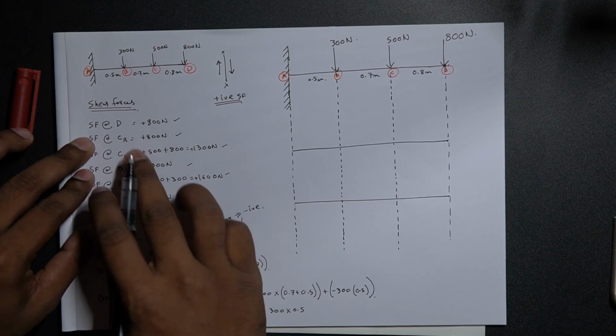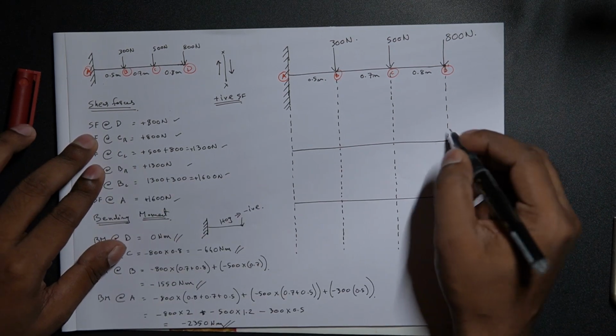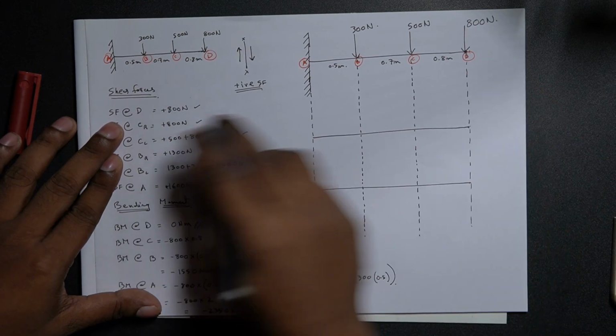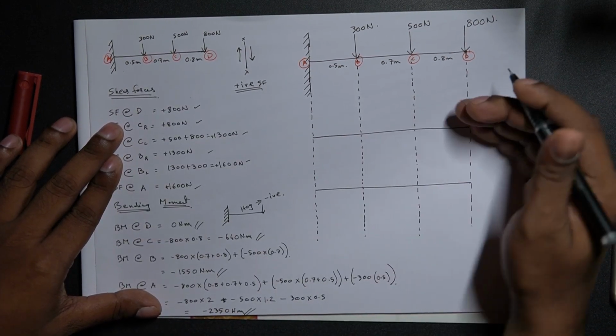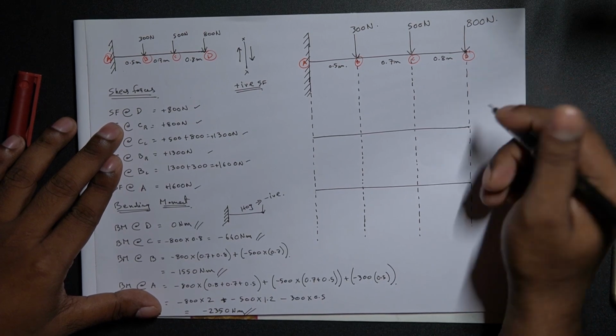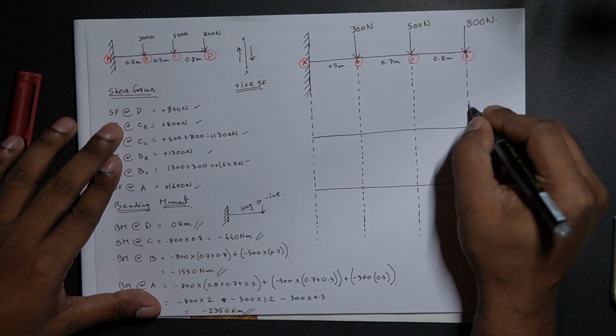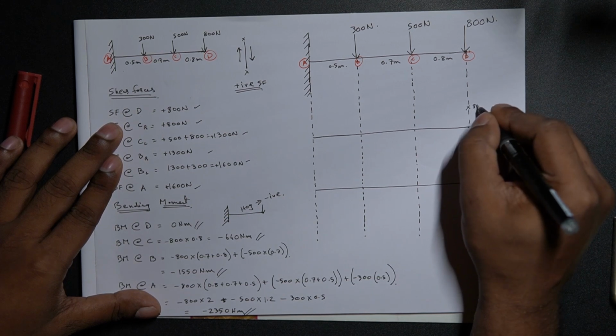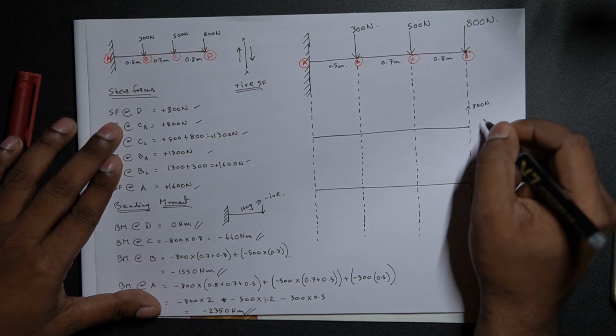Right. So shear force diagram, shear force at point D, we have 800 newtons acting positive. So this is the x-axis. Anything below x-axis is negative, above x-axis is positive. So we have 800 newtons. Let's just think 800 newtons is over here on point D.